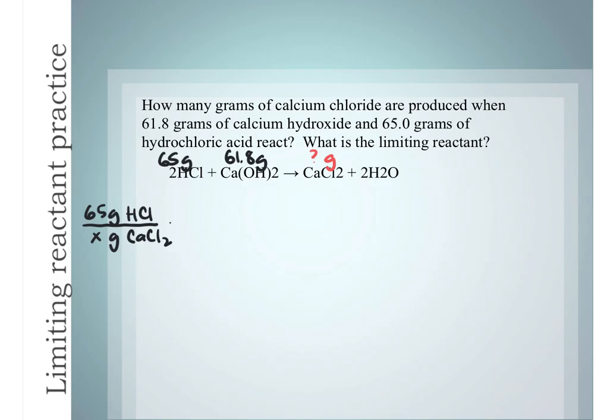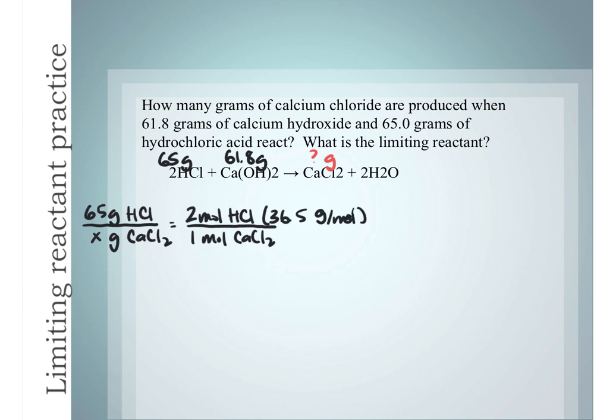As we've been emphasizing all week, you're going to put the mole ratio. This time it is 2 moles of HCl to 1 mole of CaCl2, by the coefficients. Then you're going to find the molar mass of each of these, this one being 36.5 grams per mole.